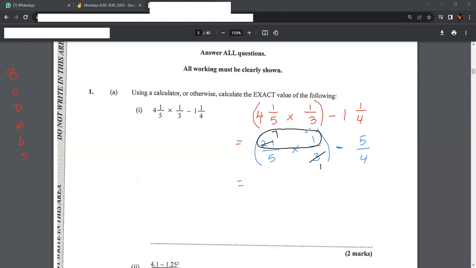So we then multiply numerator by numerator and then denominator by denominator. So we'll have 7 times 1 is 7, all over 5 times 1. That 3 is no longer there. It has been cancelled and it's now replaced with 1. So it'll be 5 times 1, which is 5.